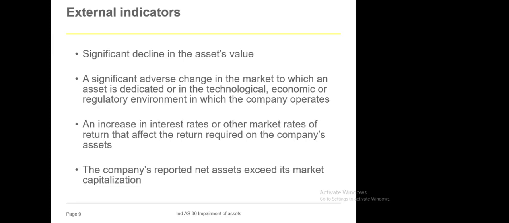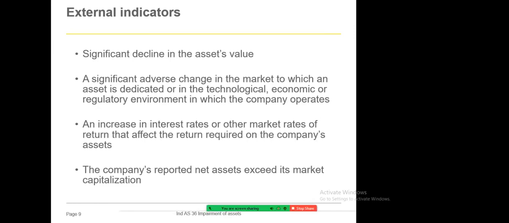Because of that government regulation, the company is getting severely impacted. So its business will get impacted, and in return its assets will get impacted, because we will not be able to generate that much cash flows that we were generating before that regulatory pronouncement came. So that is again an external indicator.